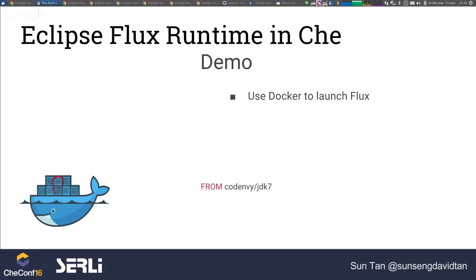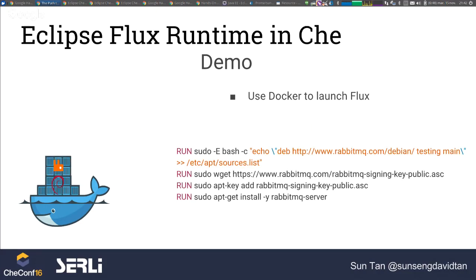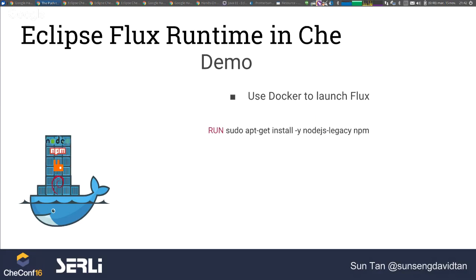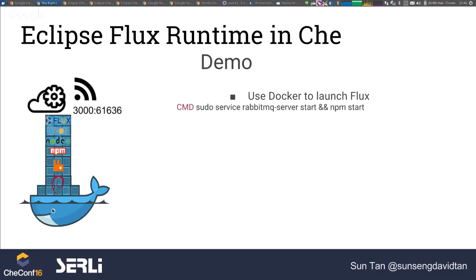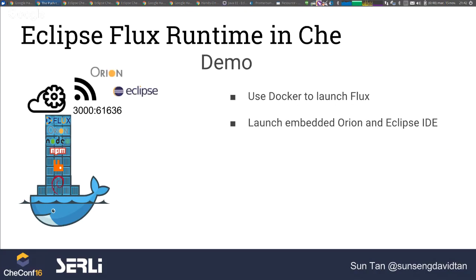We start from a Debian image. We install RabbitMQ, we install Node.js and NPM, and then we install Flux with NPM. And that's all. Now we can launch it and connect Eclipse Orion and the Eclipse IDE.